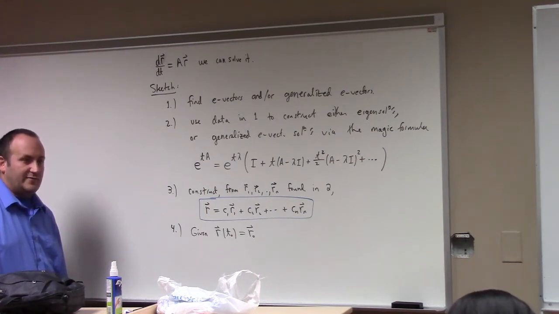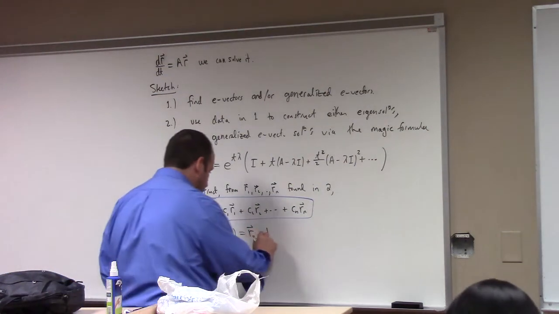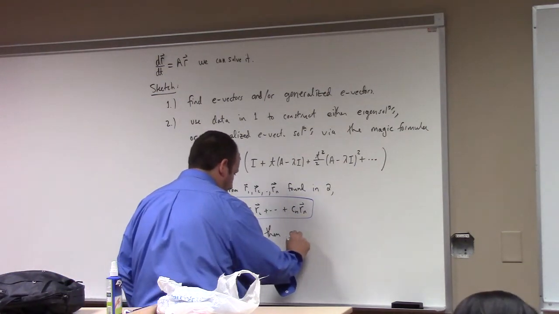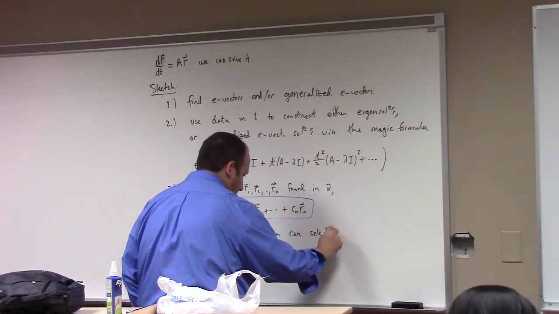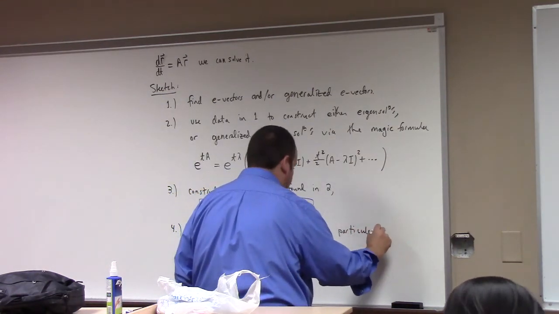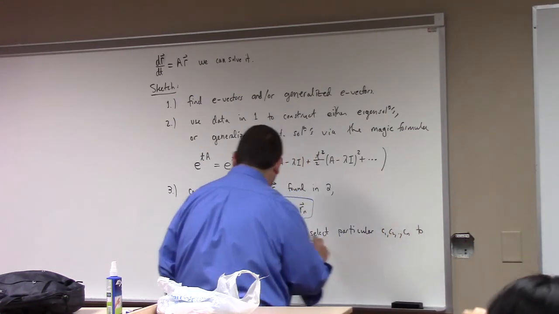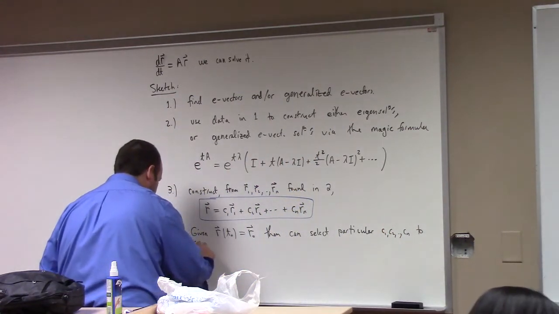But if you fix one vector, that's n conditions at once, right? And so if I had an initial vector r0, then I can select particular C1, C2, ..., Cn to solve the initial value problem, right?